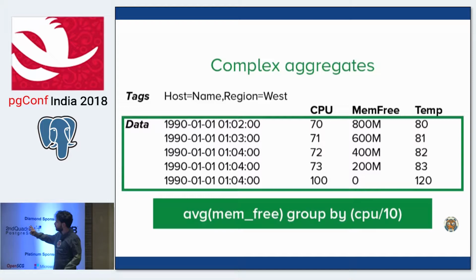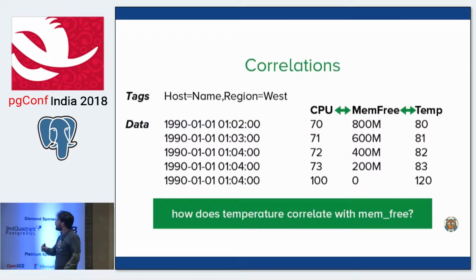You could also then do more interesting things with group bys by, for example, grouping by a bucket of CPU and seeing what your free memory was doing there. But in a more general sense, you have some kind of information about the correlations between these things now, which allow for much more complex analysis.